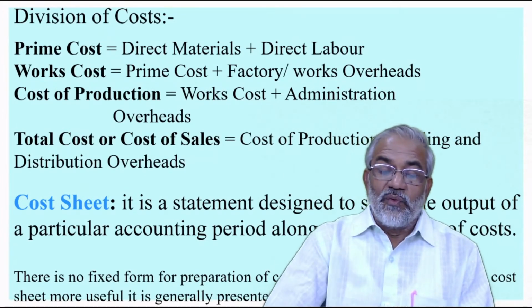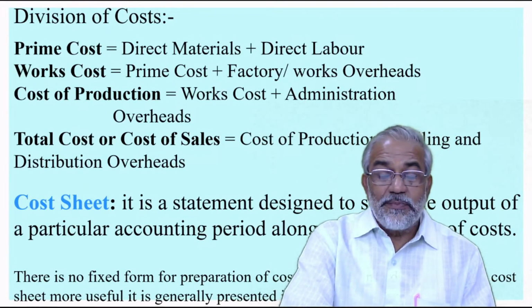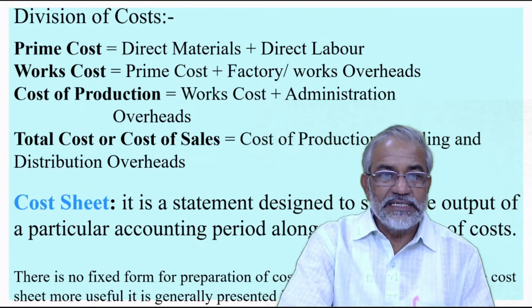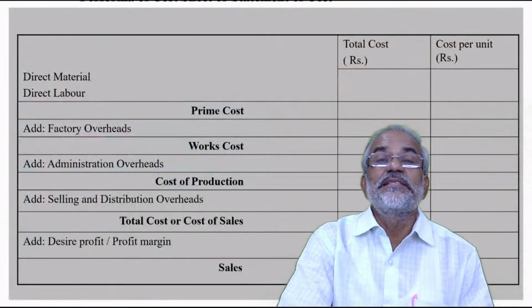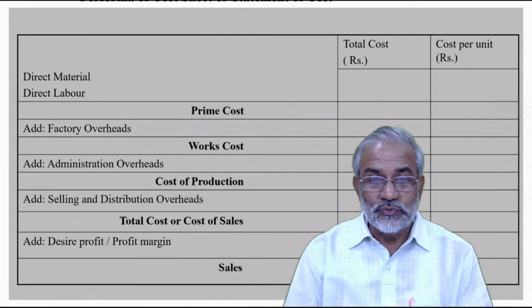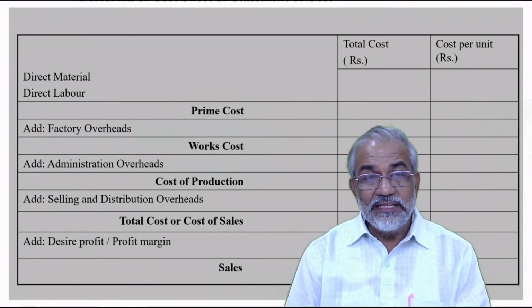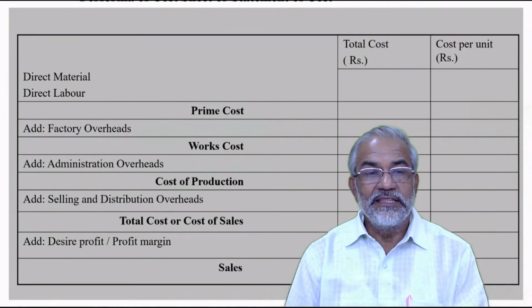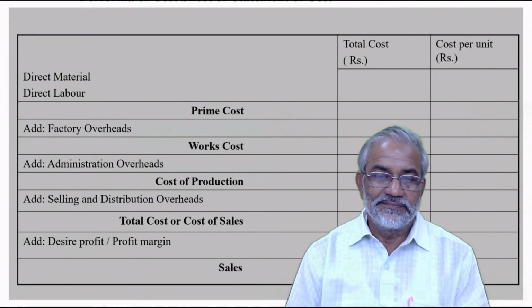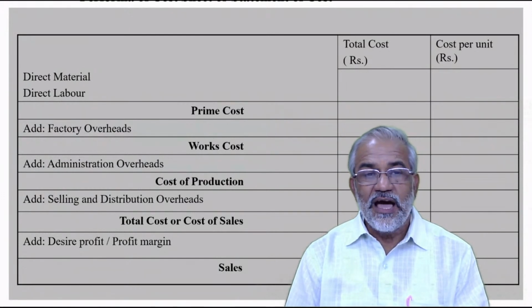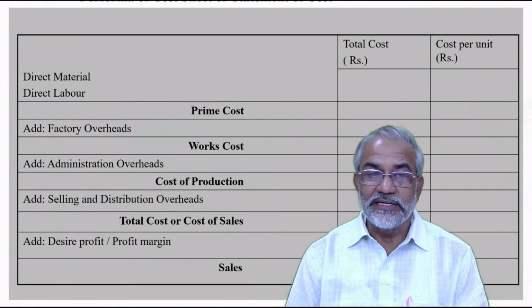Then, after determination of the prime cost, which is the combination of direct material, direct labor and direct expenses, we can add the factory overhead there. By adding the factory overhead to the prime cost, we can determine the works cost. Works cost includes the prime cost as well as the factory overhead.